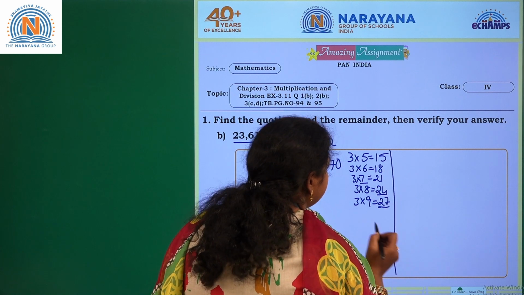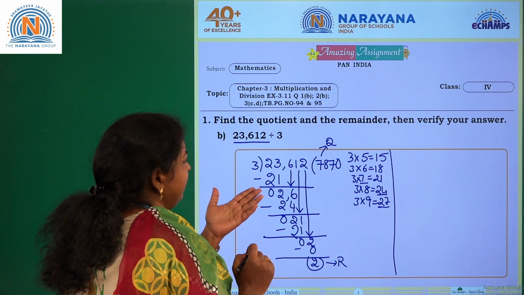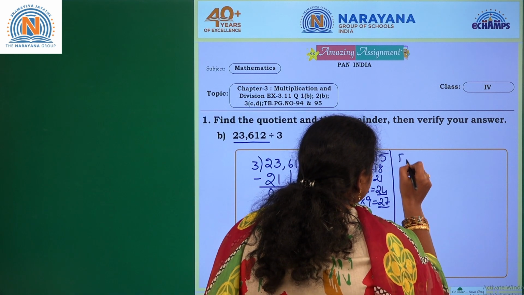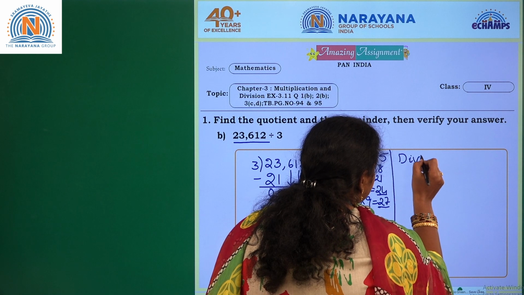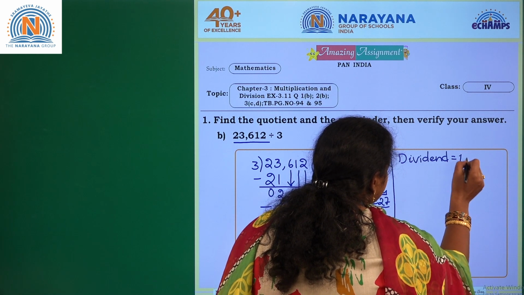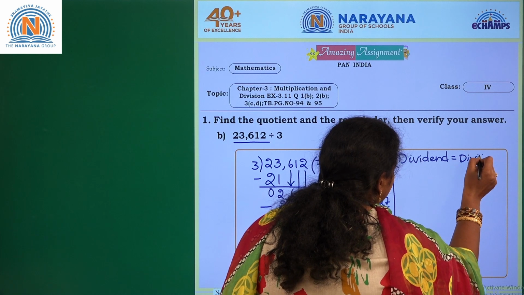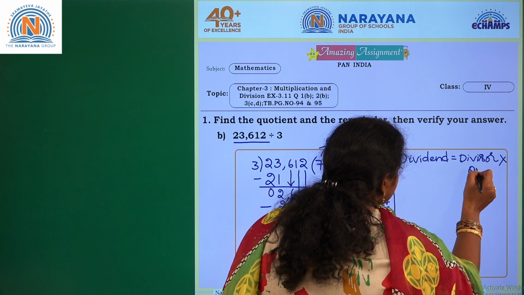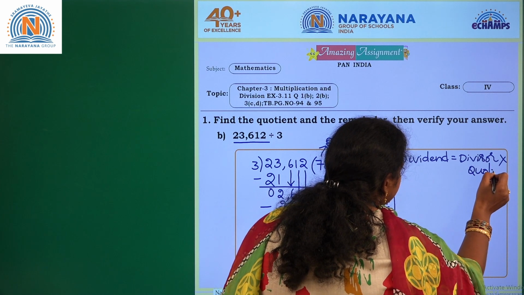Whether you have done correctly or not, how will you check? What is the relation between dividend, divisor, quotient and remainder? Dear children, tell me. Dividend is equal to divisor into quotient plus remainder.